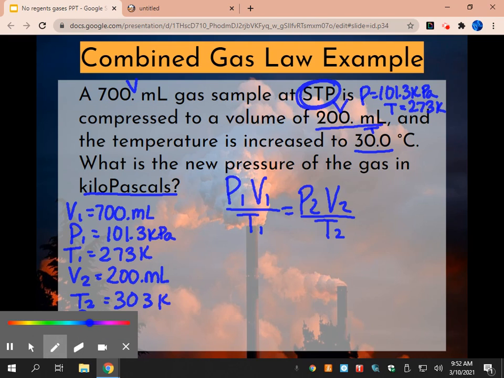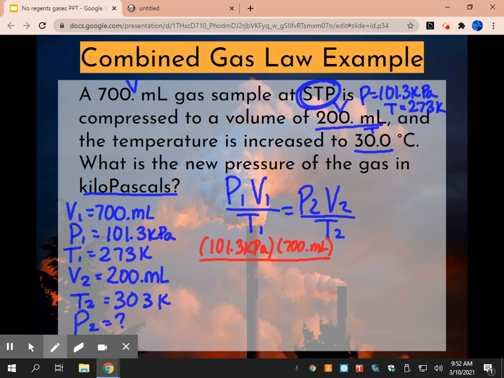So now I'm going to plug these values in. Our P1 is 101.3 kPa times our V1, which is 70 milliliters, divided by 273 Kelvin, which is equal to our P2, which is our question mark. P2 is like our X. Our V2 is 200 milliliters.